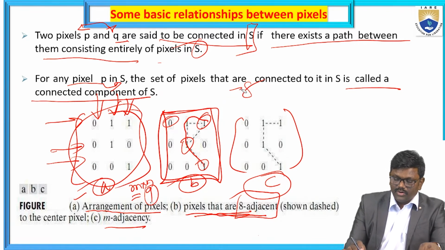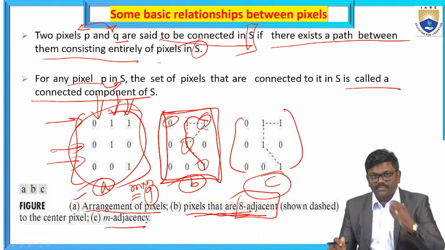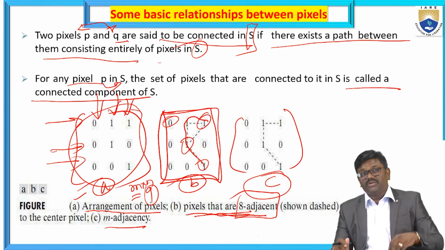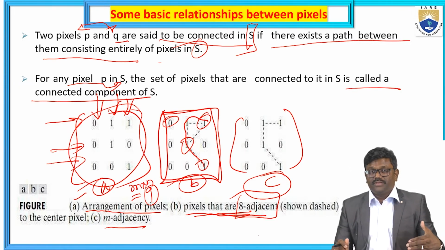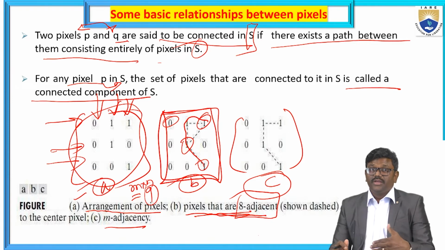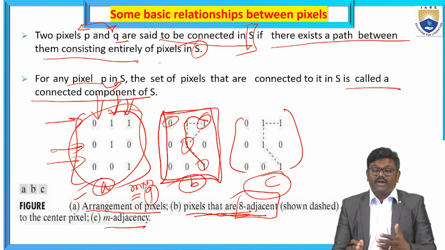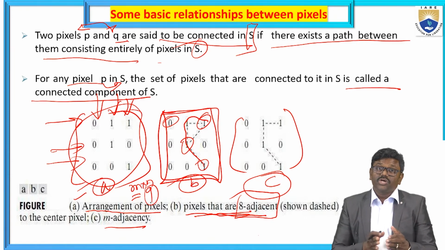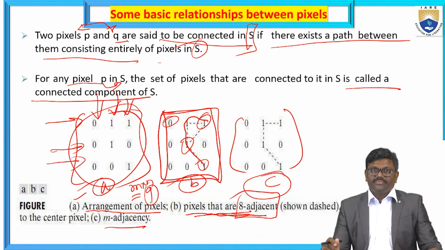So in terms of adjacent pixels, we want the relationship between one pixel and other pixels in terms of shortest path, to understand whether the content of the image has more visibility or less visibility.